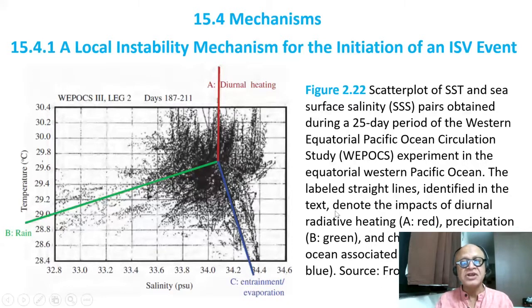But starting with the ocean SST budget, if you will, the mixed layer heat budget, we looked at this in chapter 2 in terms of the contributions to the SST here, in terms of the diurnal heating, the entrainment and evaporation.